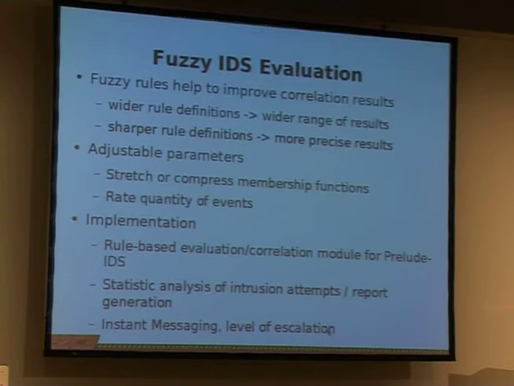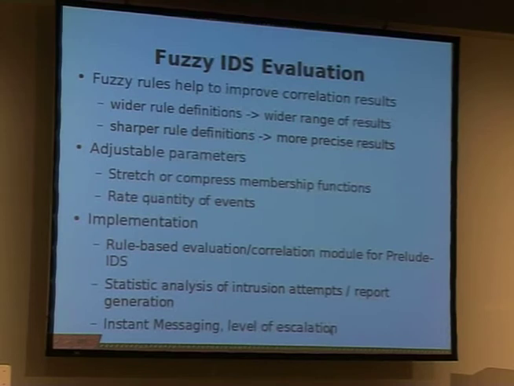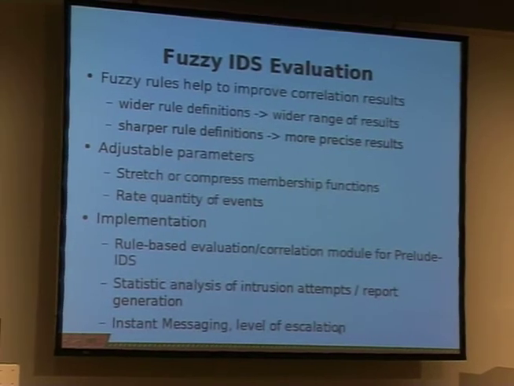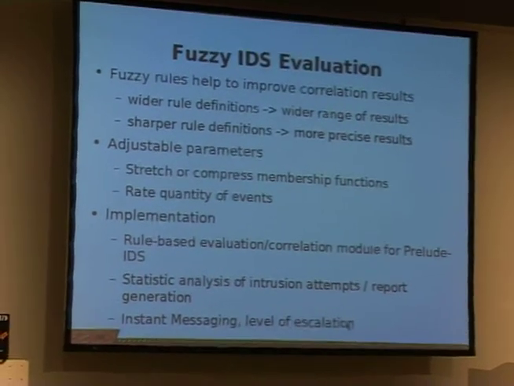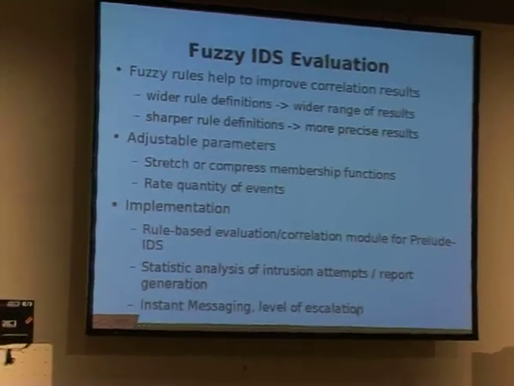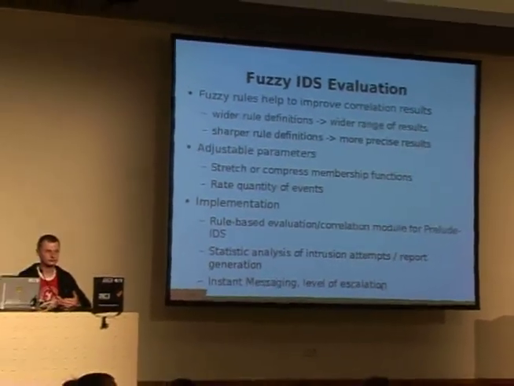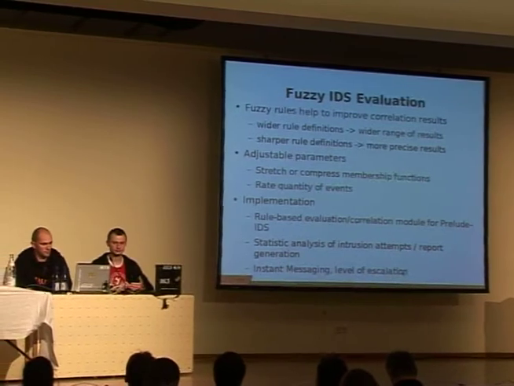You basically have to write a config file where you define the membership functions and the events you're looking for. Then the so-called correlation module uses the Prelude database to look for those events and calculate this probability value, this value that gives you an idea if this incident has happened or not.